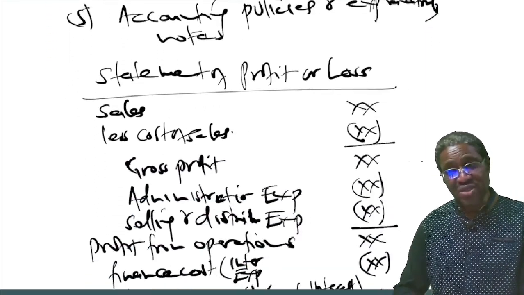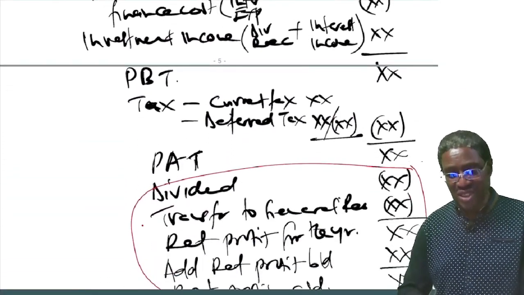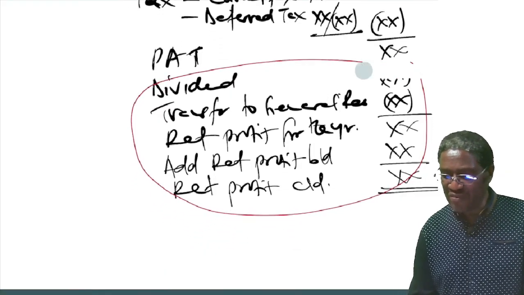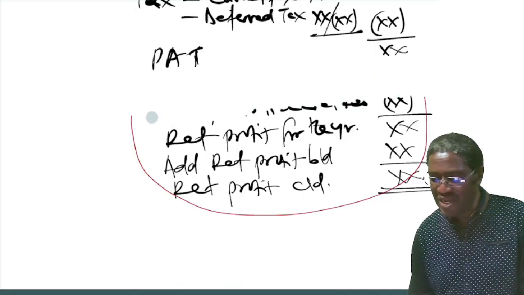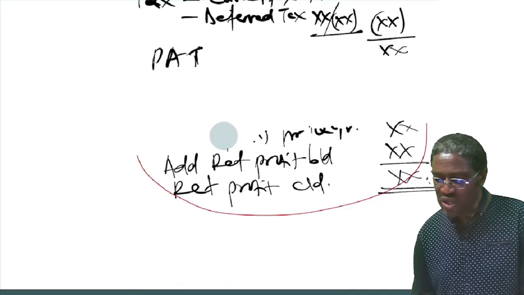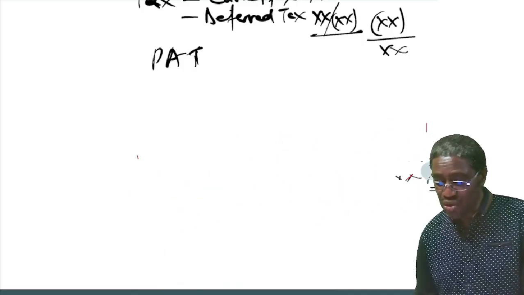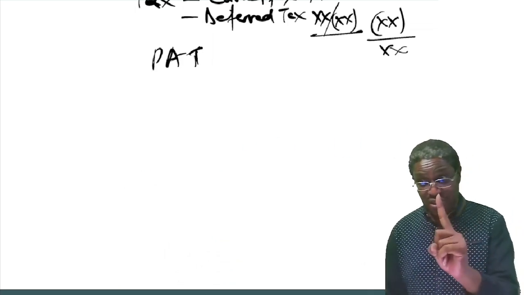In other words, I'm saying, once you got your profit after tax, when you are preparing income statement for publication purposes, once you get the profit after tax, then it means you are through with the income statement.